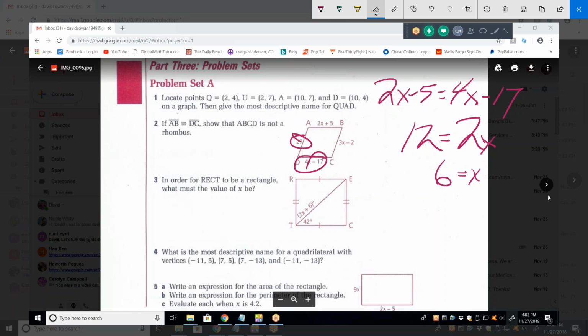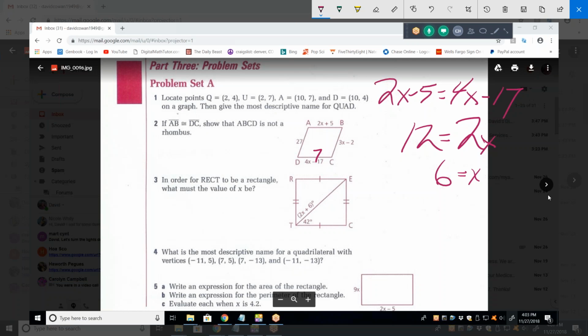Well, if we substitute, we know what x equals. X equals 6. So if we substitute that, we get 24 minus 17. We get that side is 7. Ooh, hold on a second. Would it be 18? What did I do? I think 6 times 4 is 24 minus 17 is 7.